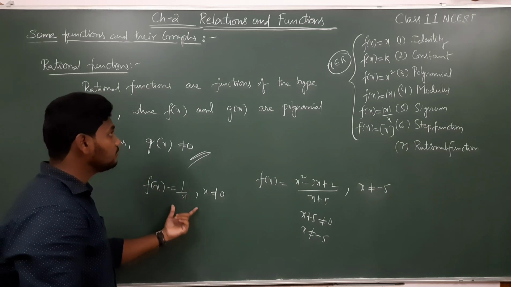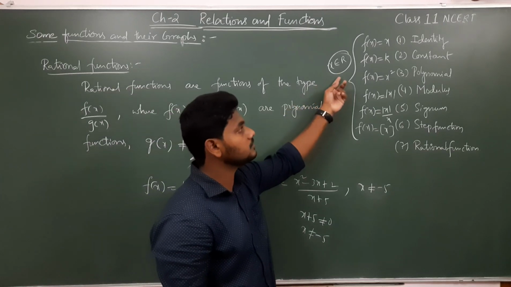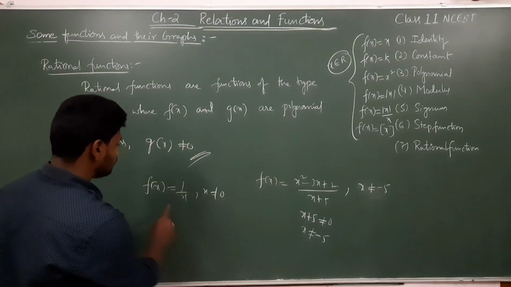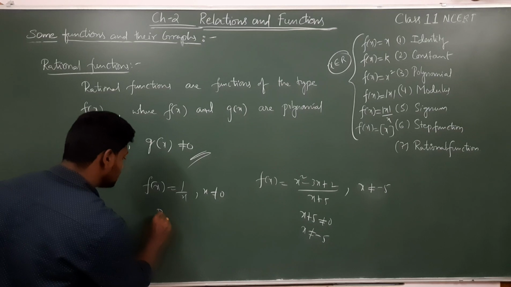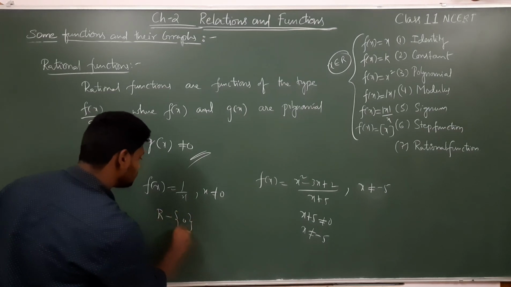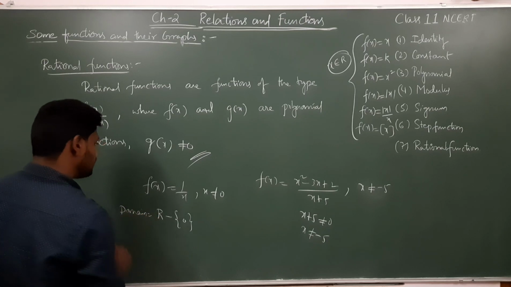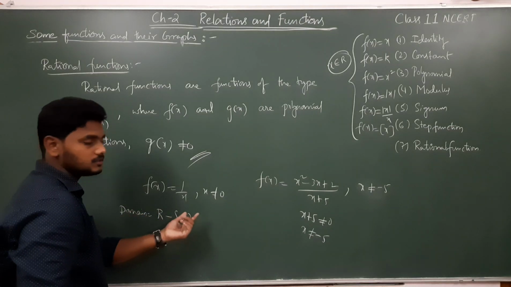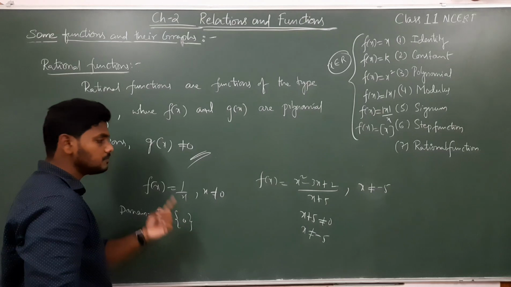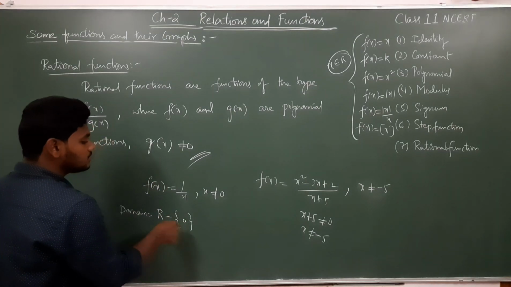That means the domain of this is not real numbers. The domain of this function is R minus the set 0, because any real number you can substitute except 0.